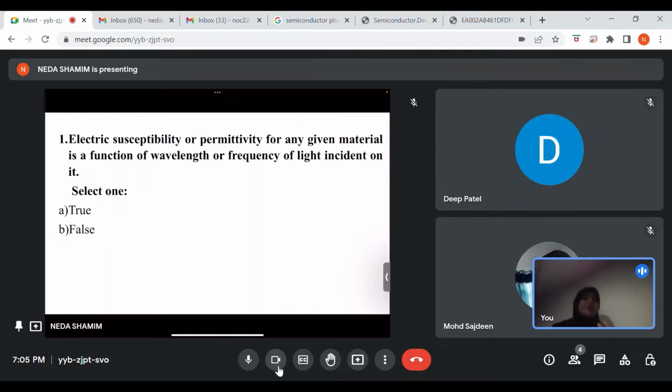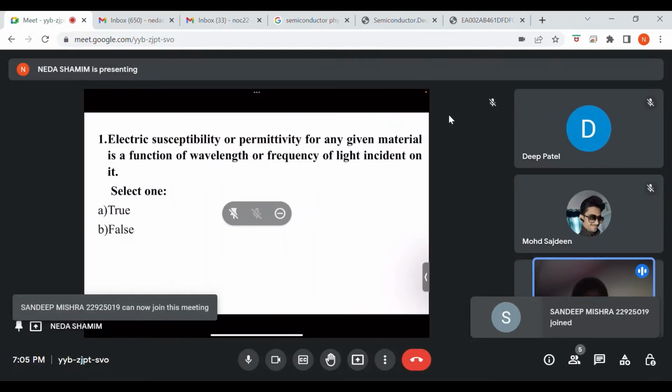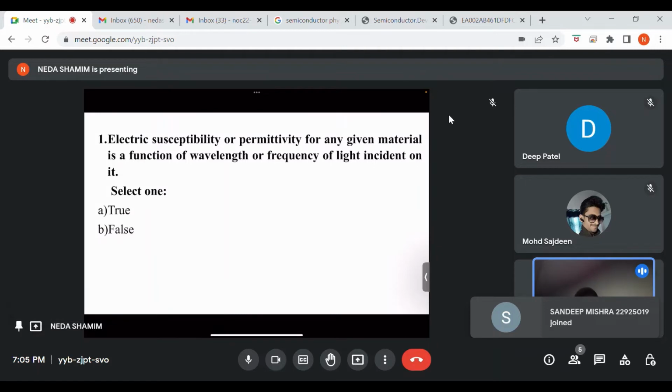When we talk about manipulating the properties of light, the first thing we think of is the intensity. So how intensity can be manipulated. With this we start today's session.